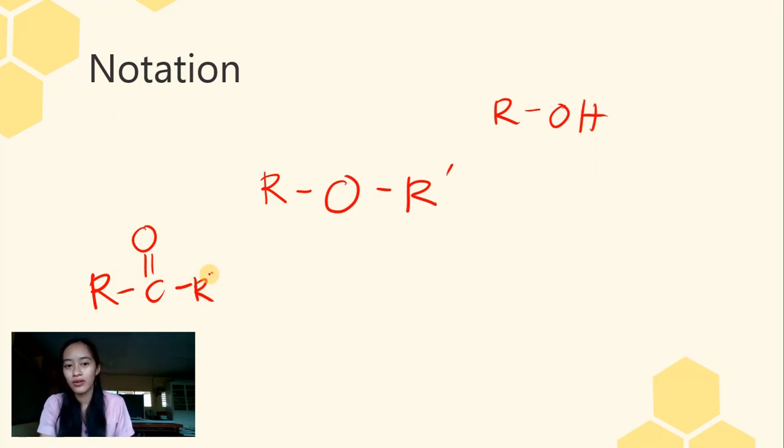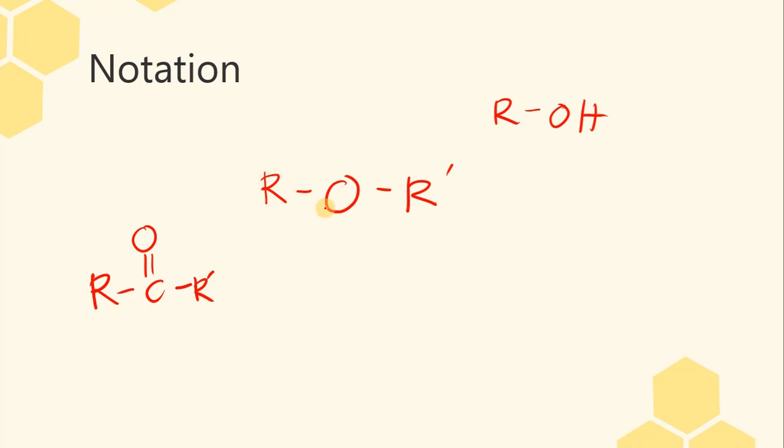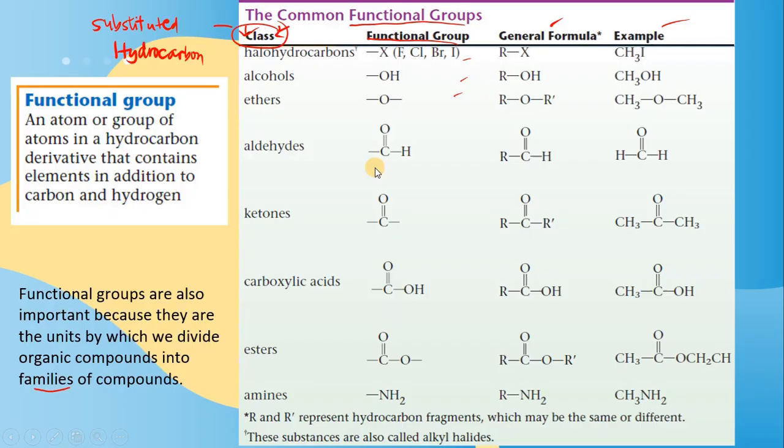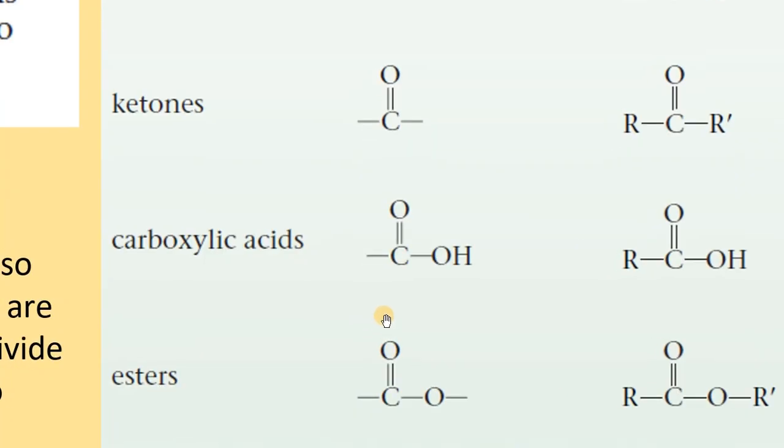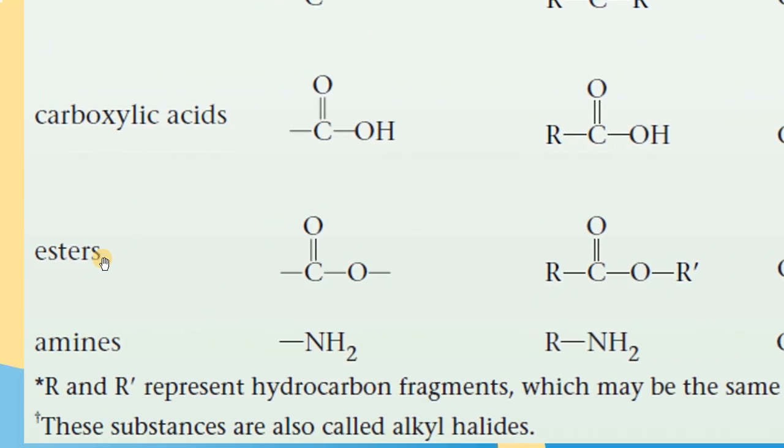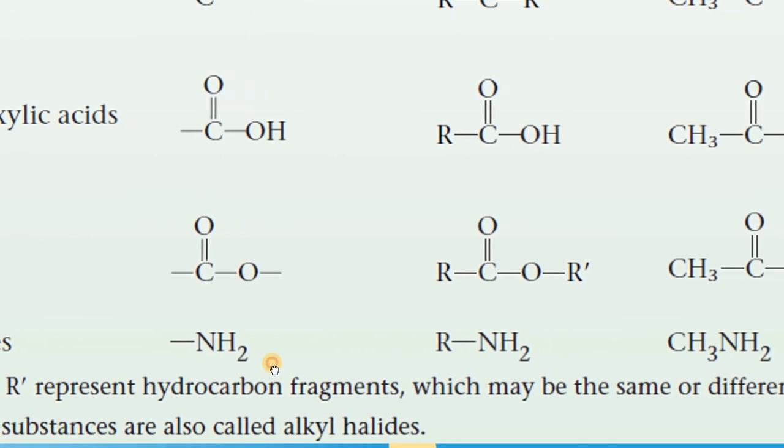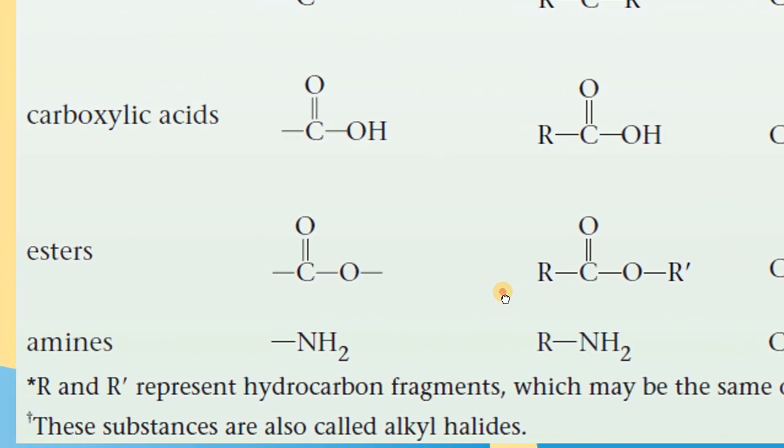So your R stands for... let us read the lower portion here. R and R prime, the small apostrophe, is read as R prime. R and R prime represent hydrocarbon fragments, which may be the same or different.